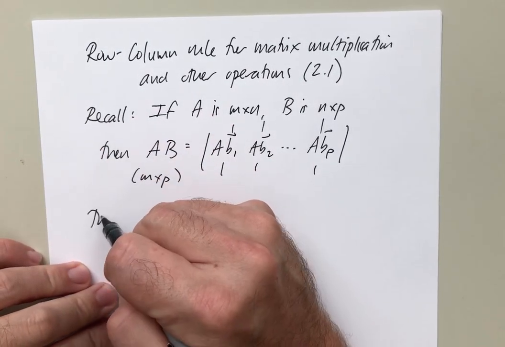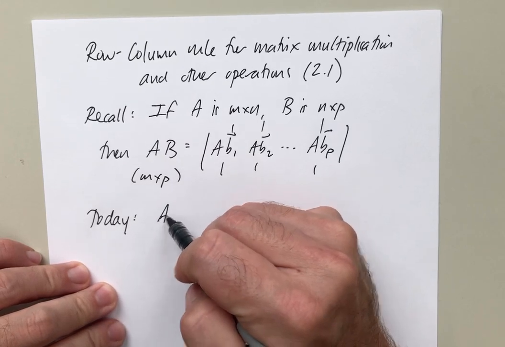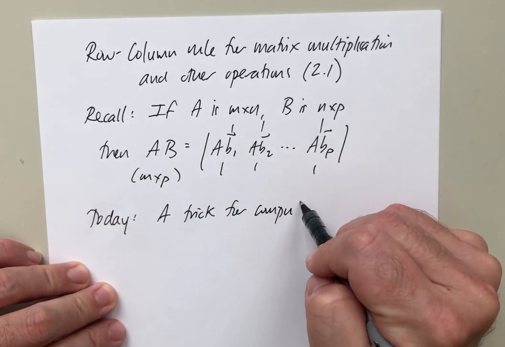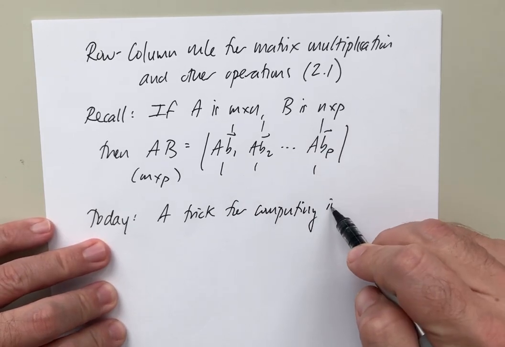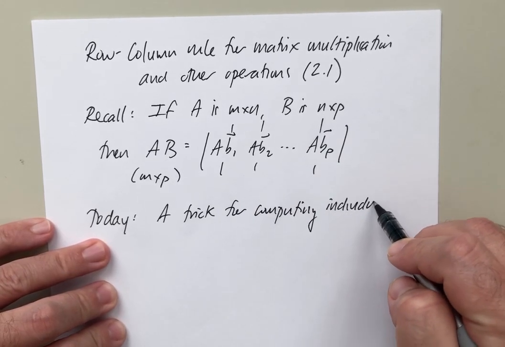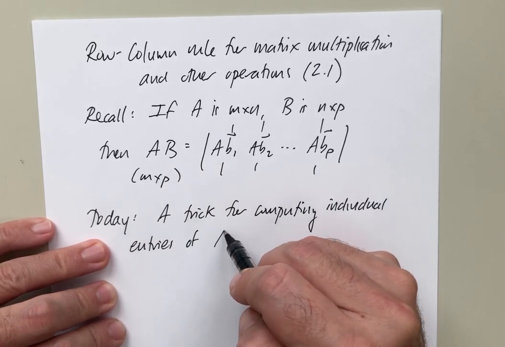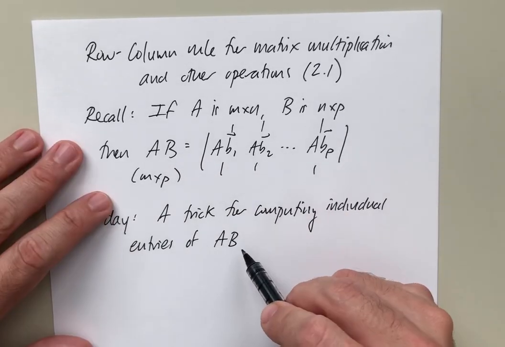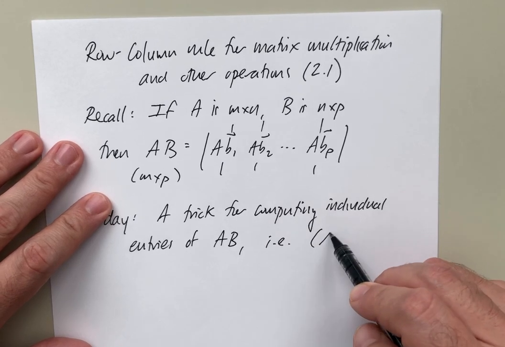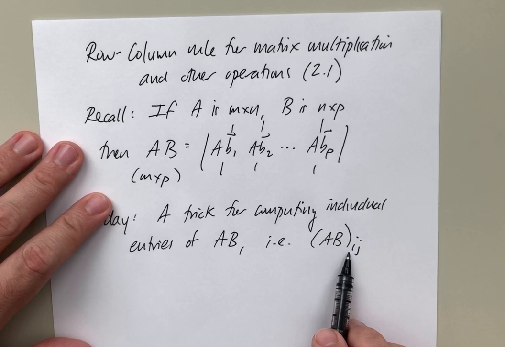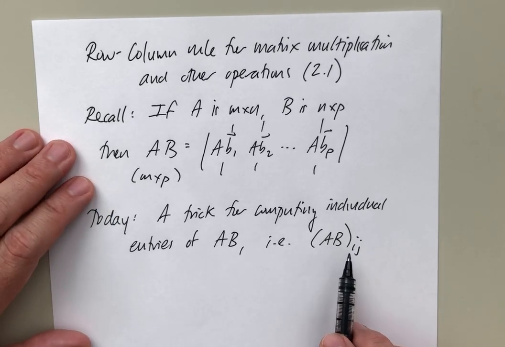So today I want to talk about a trick for computing individual entries of AB, i.e., this was the notation we had last time. If I want to know just the entry in row i, column j of this matrix.